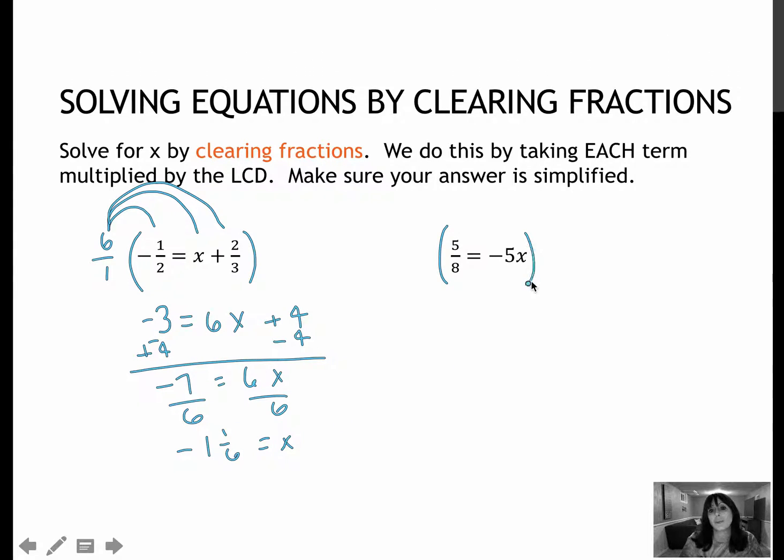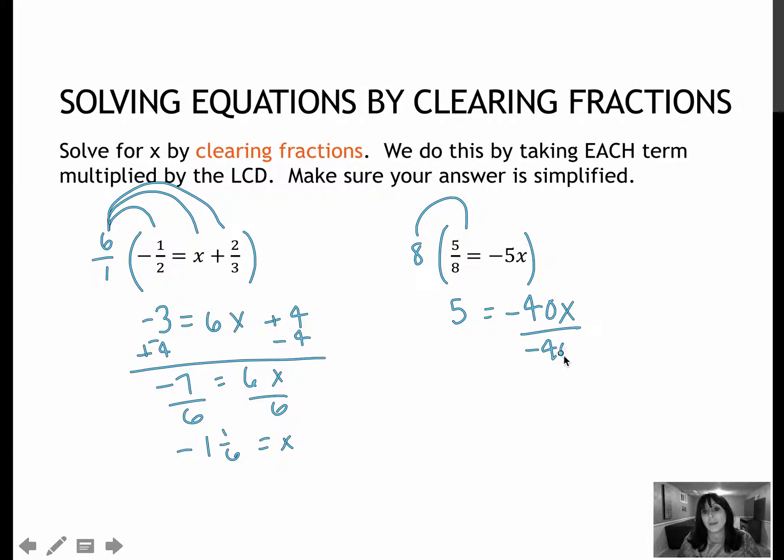For my second one, this one's actually pretty straightforward because my only denominator is 8. So I'm going to take everything times 8. 8 times 5/8 would be 8 times 5 or 40, divided by 8 is 5. 8 times -5x is -40x. And now this is a one-step equation.